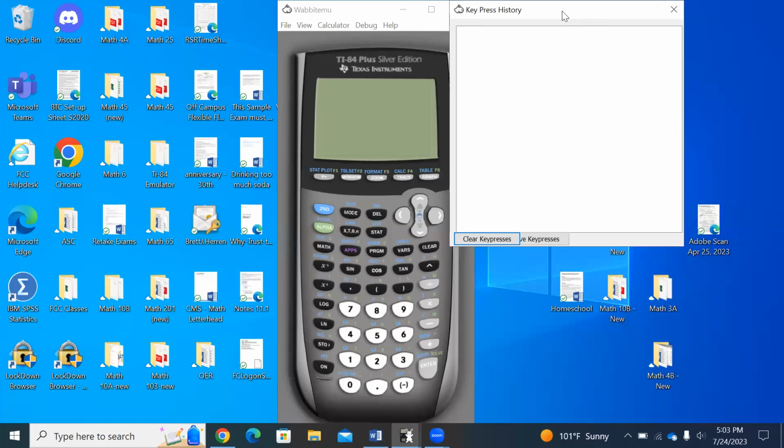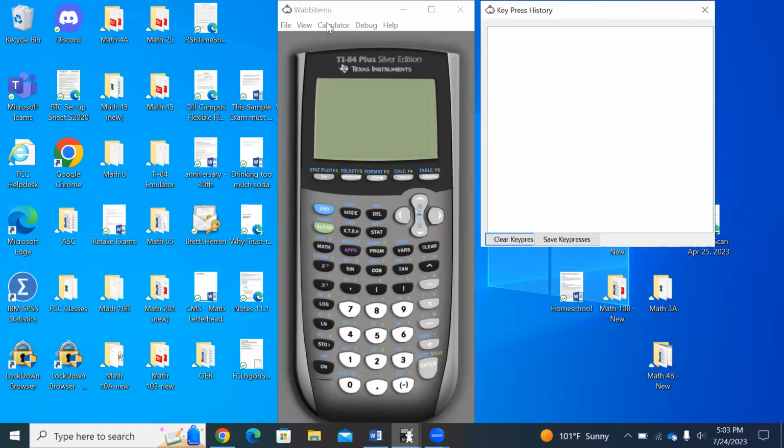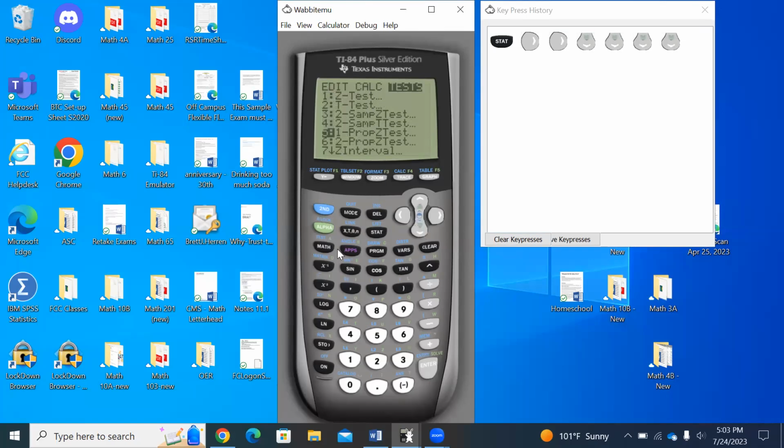There's my calculator. You're seeing it? Okay, so let's turn it on here. First thing I'm going to go to STAT, go over, and go down. There's 1-PropZTest down on number 5. I hit STAT, then I went over to TESTS, went down to 1-PropZTest, hit enter.